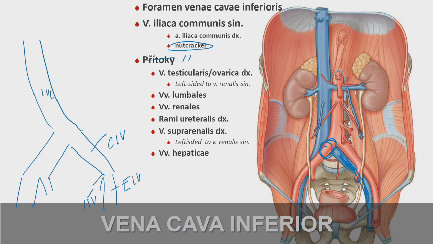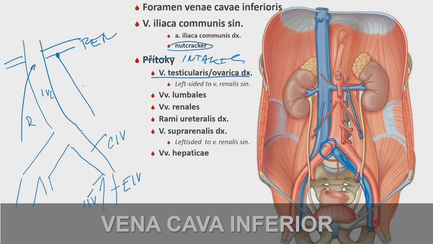Then it has some intakes. So those are testicular and ovarian veins and renal. So those are renal. And the testicular vein and ovarian vein from the right is going to the inferior vena cava. From the left side it is going to the renal vein.